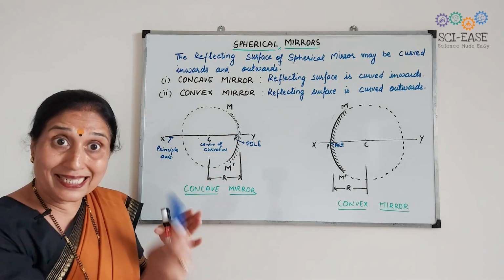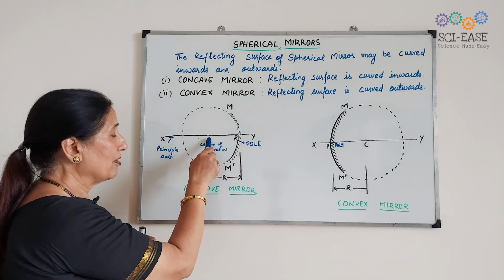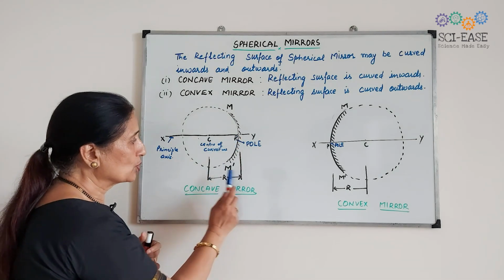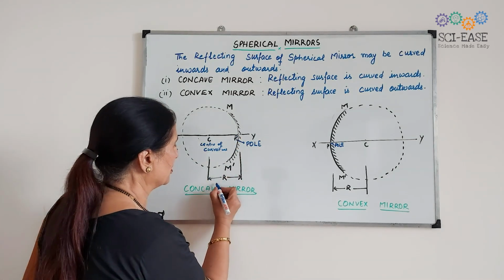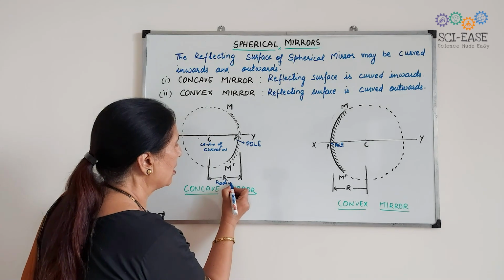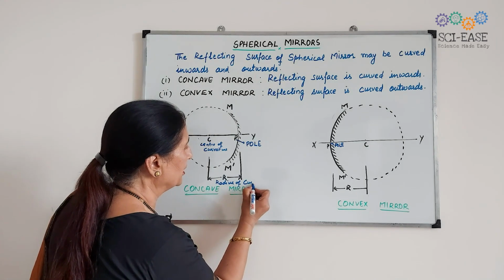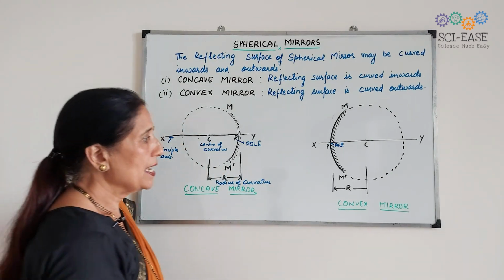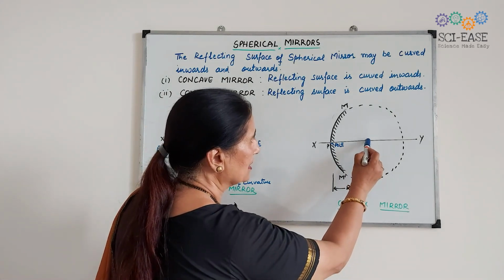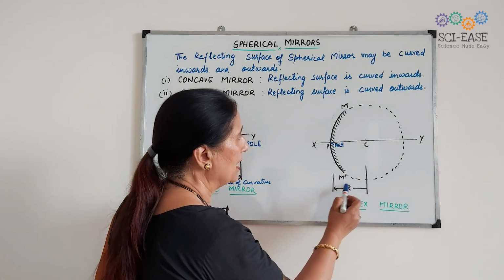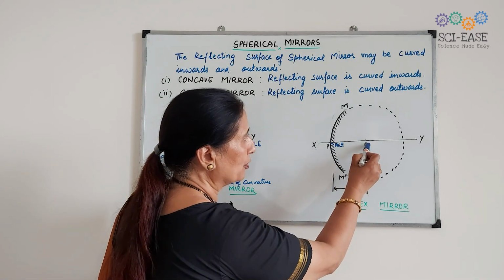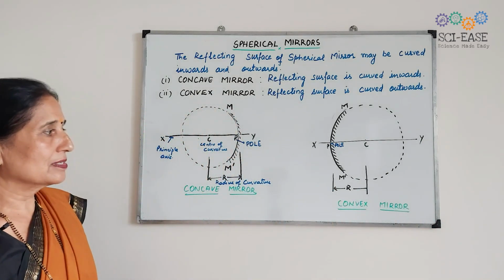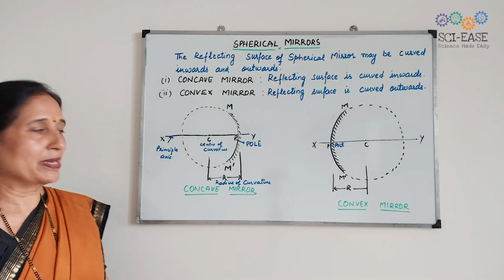So the distance between the center of curvature C and the pole is known as the radius of curvature, denoted by capital R. In the same way, this is the distance between the center of curvature and the pole. Here, the center of curvature is behind the reflecting surface. So, this is the radius of curvature of the convex mirror.